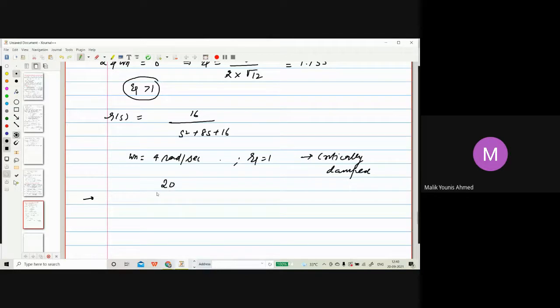Next, tell me the response. G of s is s square plus 8s plus 20.